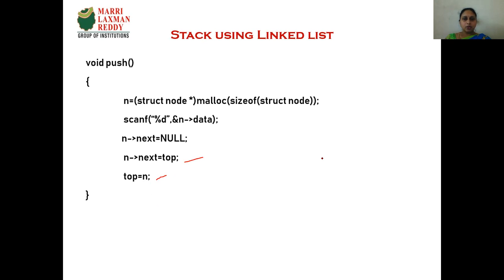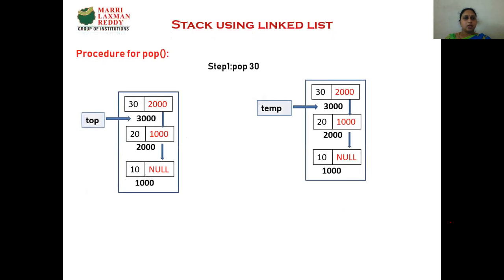In a similar way, we can perform the pop operation also. Initially consider we have 3 nodes in the list. If I want to pop the top element from the stack, that is 30 has to be removed. Directly we can't remove top.